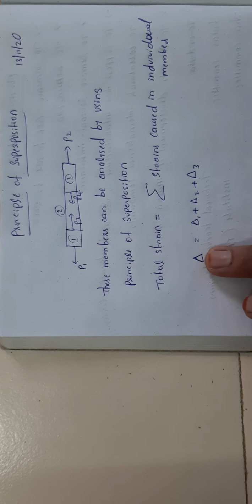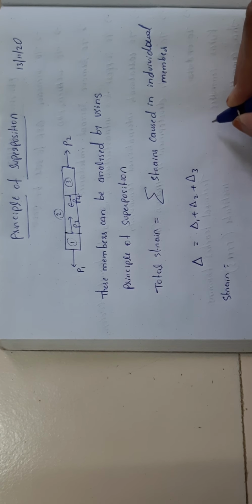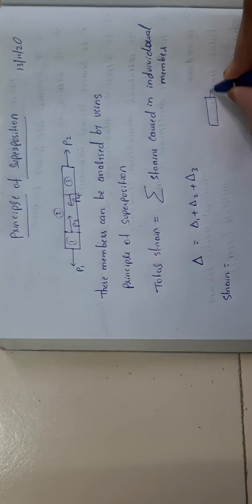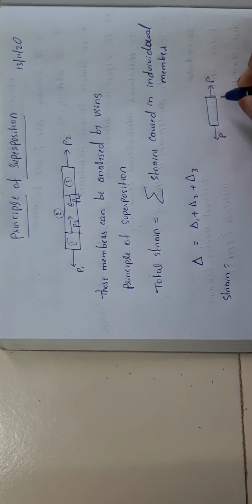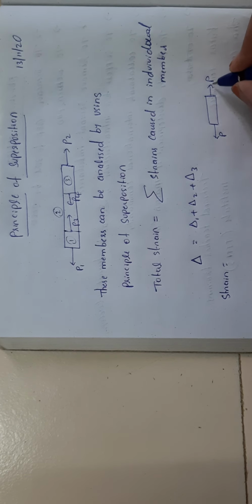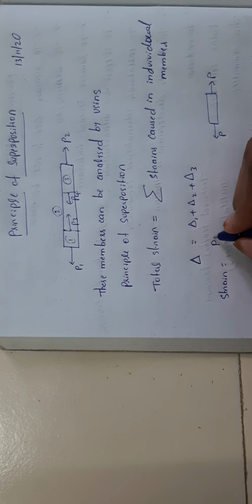Now what is the strain formula? For example, if there is a small bar here, I have applied a load P here, and another P here, under equilibrium within the elastic limit. The strain caused due to this P load can be written as P by AE.